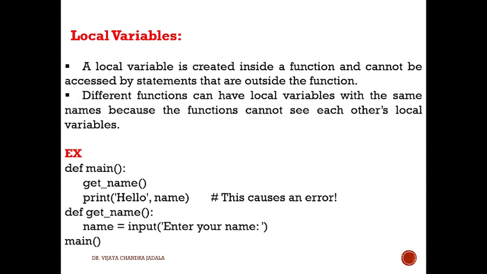It depends on where you are declaring a variable. The scope of a variable determines the portion of the program where you can access a particular identifier. There are two basic scopes of a program variable, that is global and local.